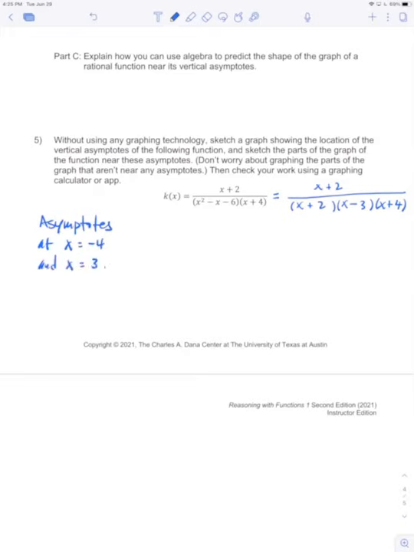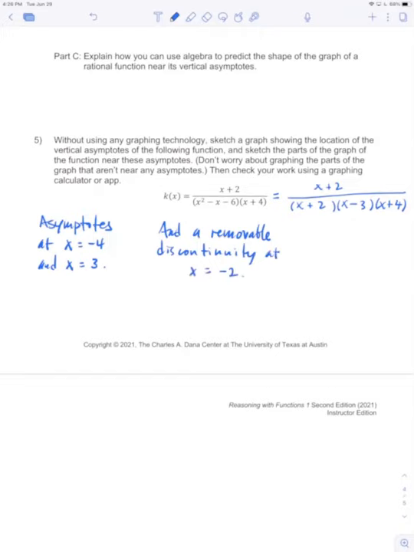And then for the other factor, there's going to be a removable discontinuity at x equals negative 2.